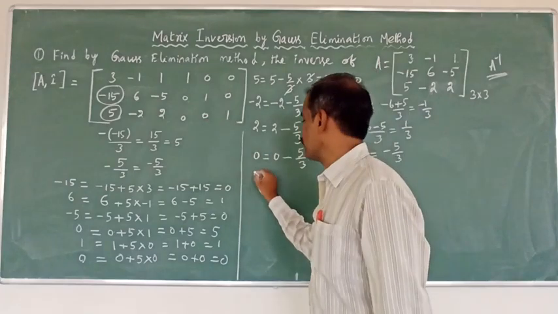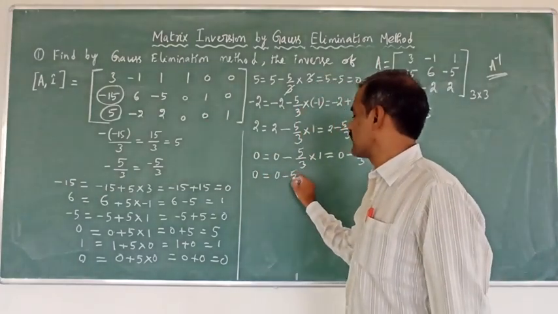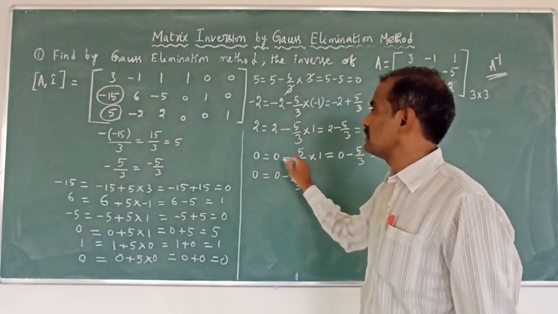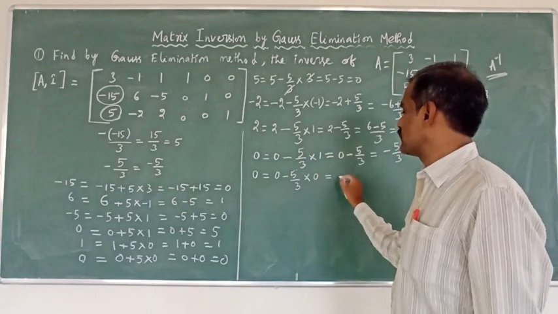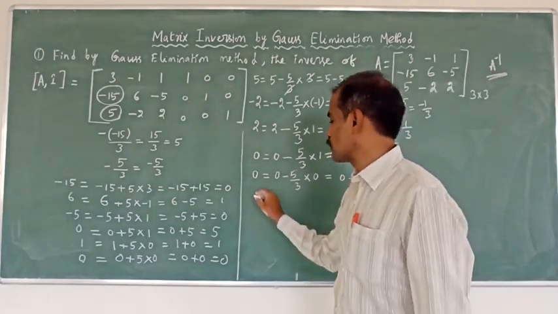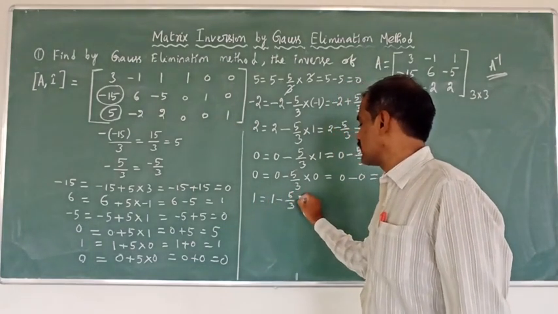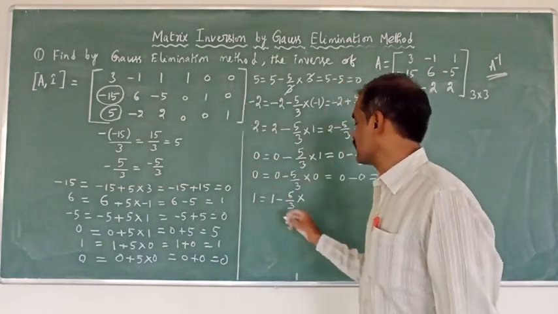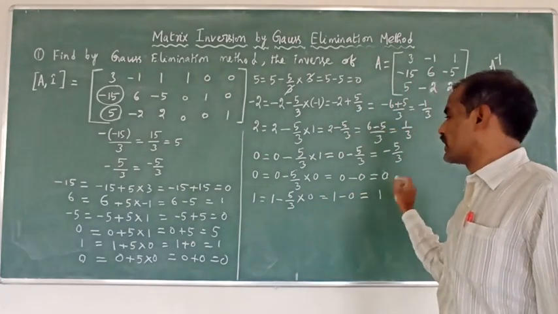Next, 0 equals 0 minus 5 by 3 into corresponding value R1 0. Now 0 minus 0 equals 0. Next, 1 minus 5 by 3 into the corresponding value 0 equals 1 minus 0 equals 1. Okay.